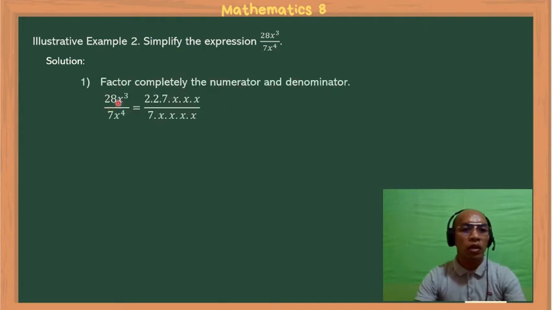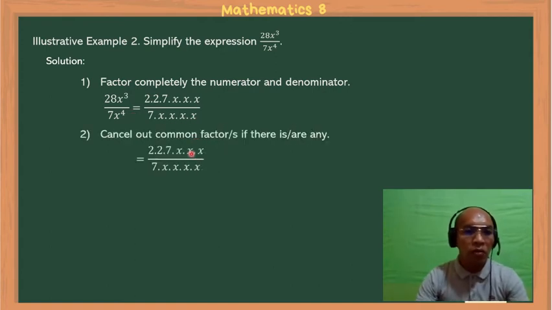The factors of 28 are 2 times 2 times 7. And the factor of x to the power of 3 is x times x times x. All over, the factor of 7 is 7 times 1 or 7. Then the factor of x to the power of 4 is x times x times x times x. So step number 2, we're going to cancel out the common factors.